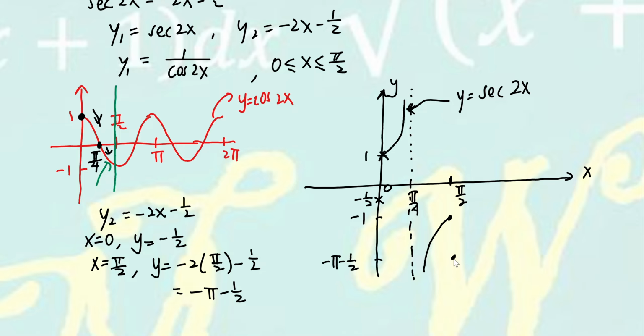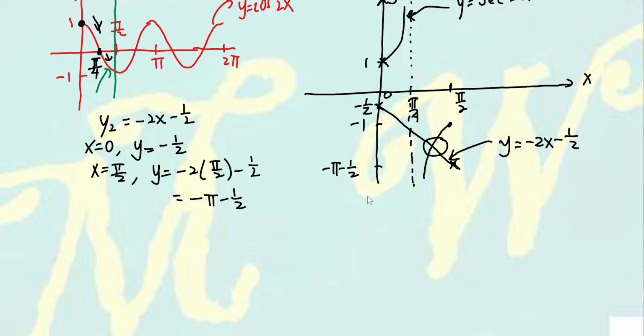So I'm getting this point. Okay, so now join these 2 points using a ruler. And then we don't extend the graph. Our graph starts from x equals to 0. That means it's supposed to be here. It's a straight line. Alright? Just up to pi over 2. So that means there's one intersection point here. So this is the straight line. So right now, there is only one intersection point.